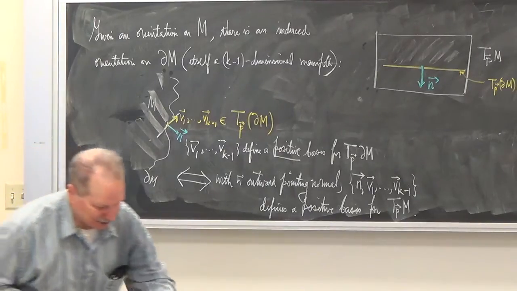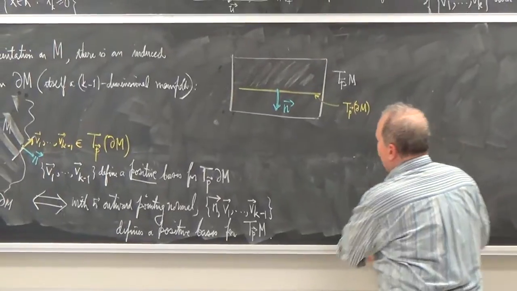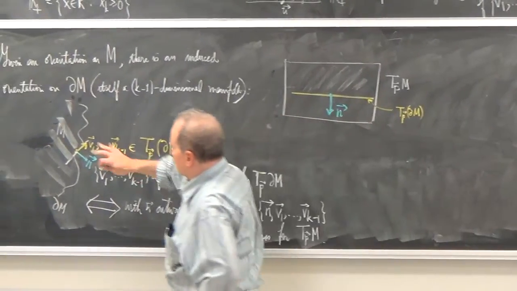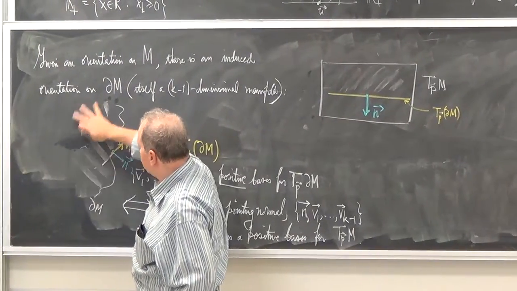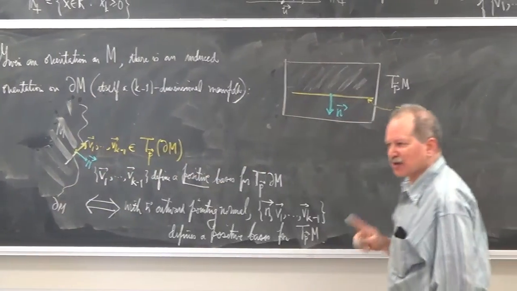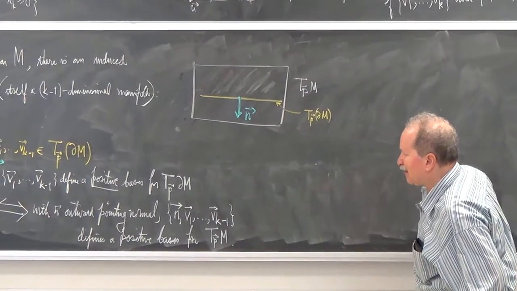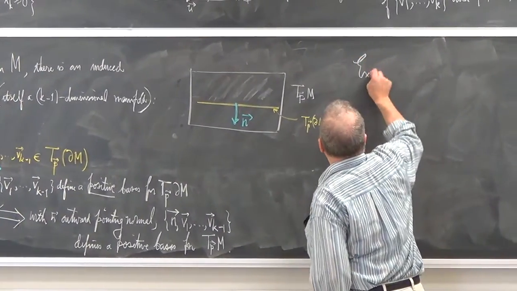Let's do some examples. So this is going to tell me, given an orientation on my big manifold, how I get an orientation on the boundary. And this is what's going to make Stokes' Theorem work. This is why I'm going through this fuss. Okay? So let's do examples.